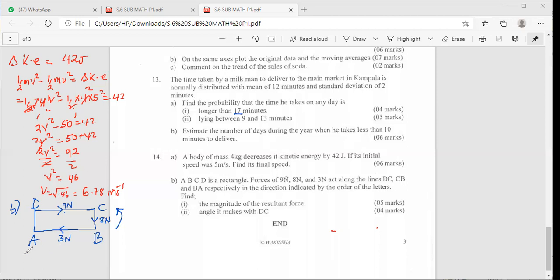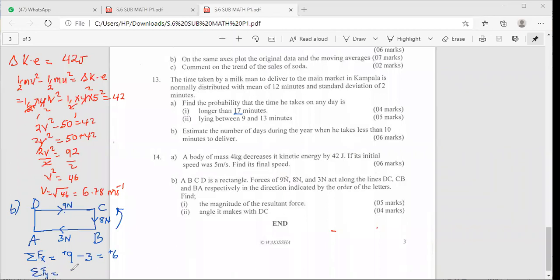To get the resultant, sum up the forces along the x-axis. We have a positive 9 and a negative 3, which gives us positive 6. Sum up the forces in the y.